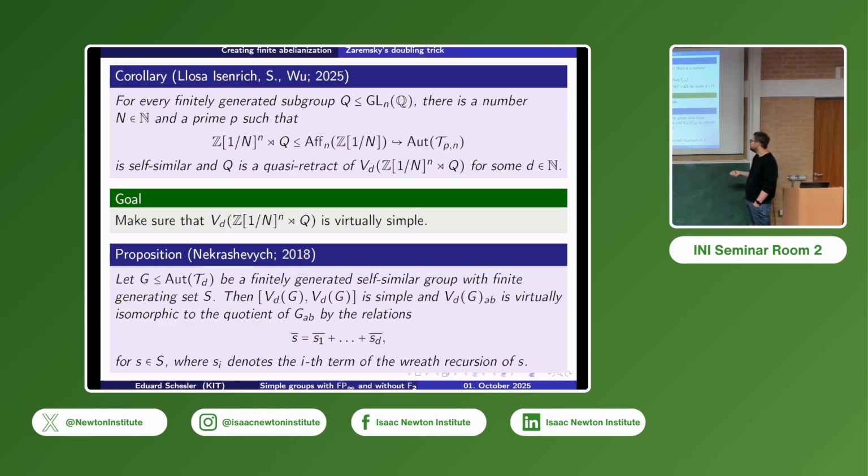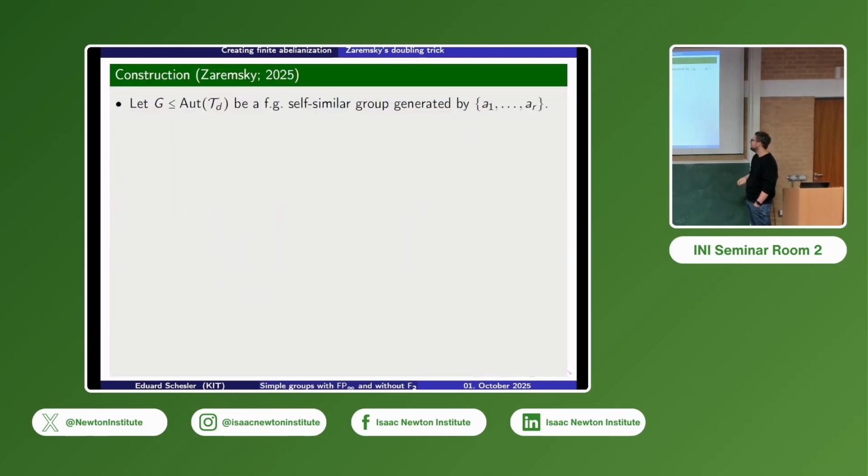And actually, a solution of this simplicity issue already appears in a paper of Zaremsky. He has a trick to do this, but only applies it to Boone-Higman type questions. But actually, this technique matches very well with our persistent retracts.